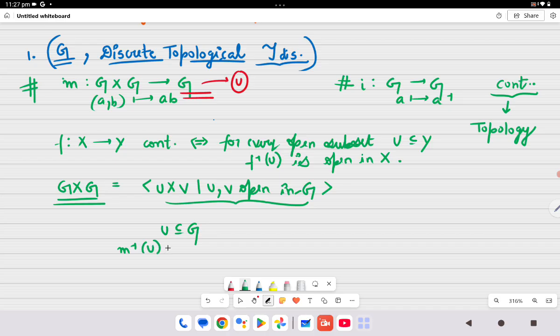M inverse of U. So it will be simply U cross U. Now U is open in G, this U is again open in G, so in the product topology this U cross U is open, yes or no?